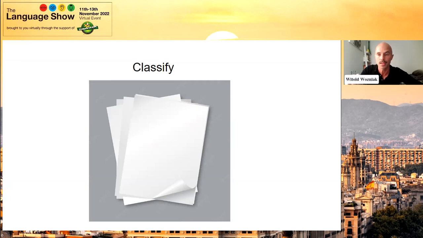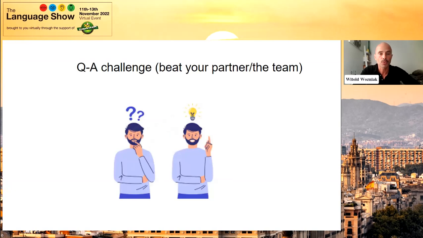And all they have to do is highlight, color-code what sentences are healthy, unhealthy, or which sentence is a good or bad idea. So for instance, you can have a sentence, I'm going to smoke every day. Is that a good or bad idea? Or you can have a sentence, I'm going to be jogging every day, and they just have to react, okay, positive or negative. So again, can be done by themselves, can be done in groups, can be done as a class.